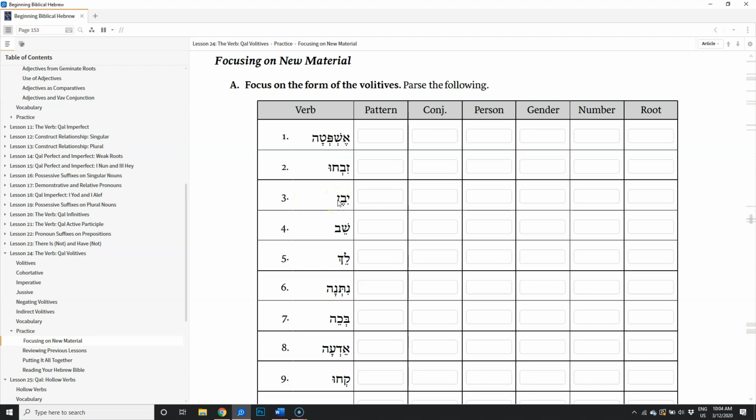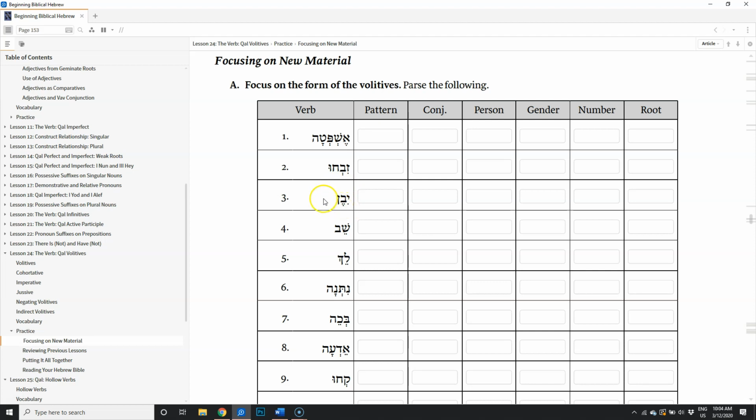But the jussive will go ahead and pull that third hey syllable off, as the jussive pulls the accent back to the front. So it's not yivineh, it's yivin.